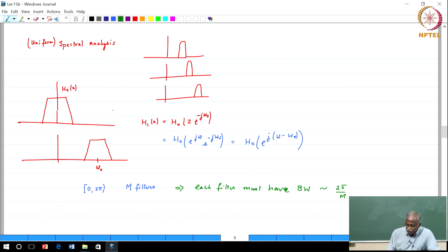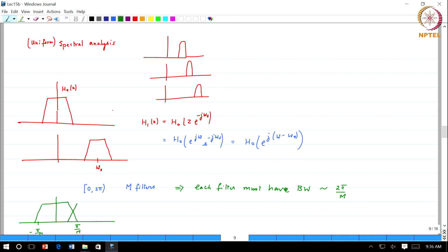So typically what you would find as the structure of these filter banks would be, let us say that this goes from minus pi over M to pi over M. The next filter would be centered around 2 pi over M, but since the original filter was slightly wider than pi over M, there is a little bit of overlap between the two adjacent channels, and this is very deliberate because these are practical filters.